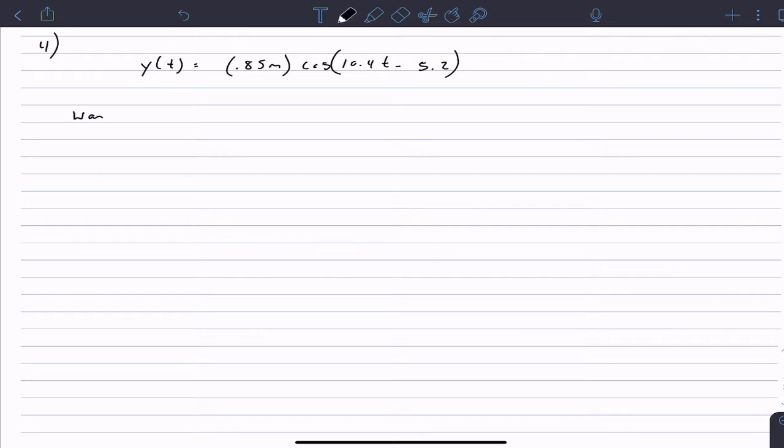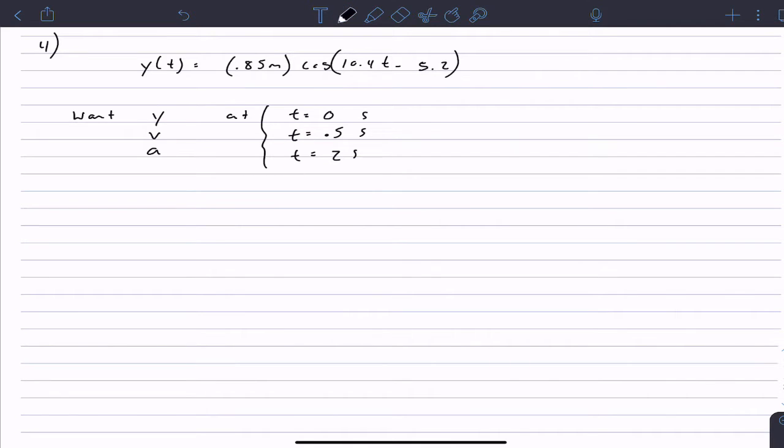So we want y, v, and a at t equals 0, at t equals 1/2, and then t equals 2 seconds. So we want y at all of these, we want v at all of these, and we want a at all of these.